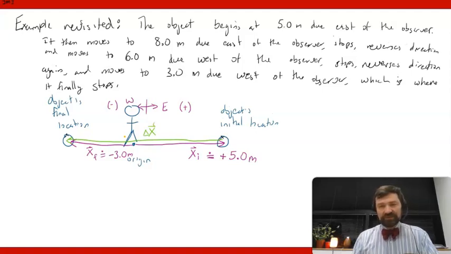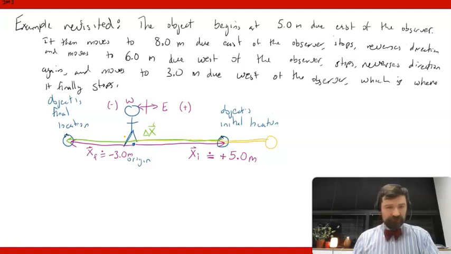But in between doing that, it moves from 5 meters due east to 8 meters due east. So here would be 8 meters due east. It stops, it reverses directions, it ends up somewhere over here at 6 meters due west, stops, reverses direction, and finally ends up here at the 3 meters due west location.